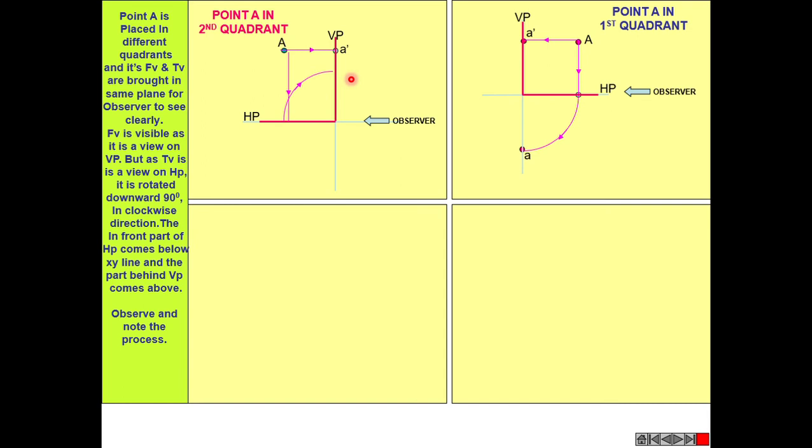So there is a mixture of front view and top view, so we are not able to read the entire figure and it's confusing. So we are not using the second quadrant system in engineering design. The reason is that two images are getting collapsed, so it's not easy to read the two images.